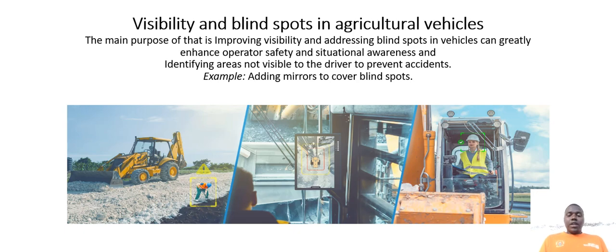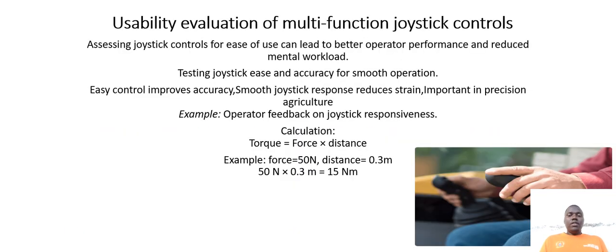Let me continue with another slide, which talks about usability evaluation of multifunctional joystick control. It emphasizes that assessing joystick control for ease of use can lead to better operator performance and reduced mental workload.